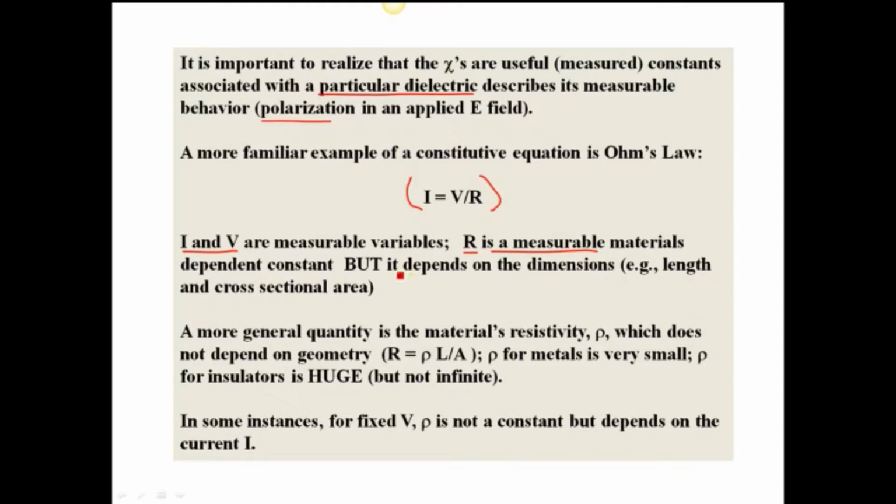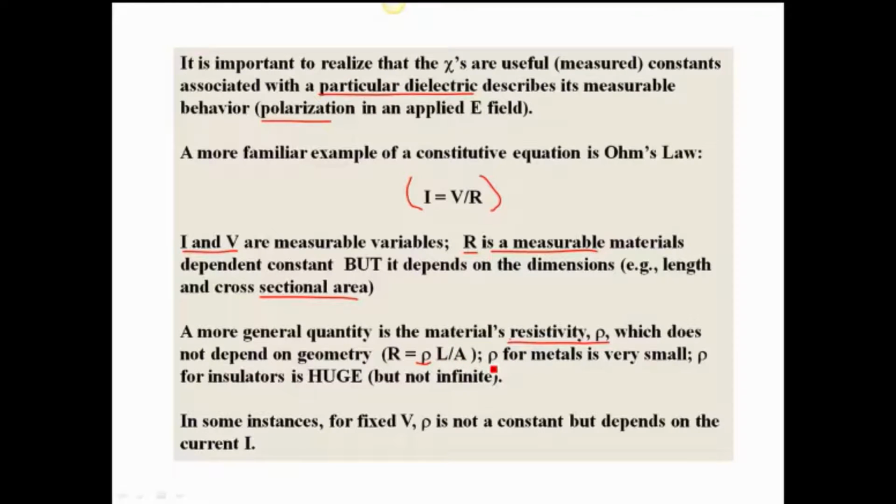Another thing is that R depends on the dimensions of the resistor, in other words, the length and cross-sectional area. A more general quantity is the material's resistivity, which we call ρ. This does not depend on geometry. Remember that R can be related to the resistivity by multiplying by the length and dividing by the area of the resistor.